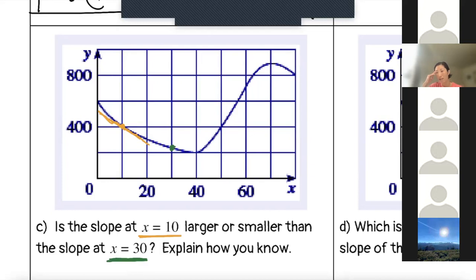A tangent line, meaning it's going to be a line that just touches our curve in only one place. Only one place. And it sort of follows the direction of the curve.